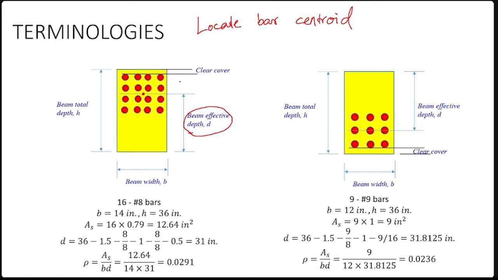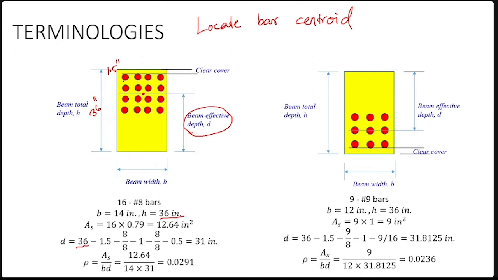You have to reach this dot from the top, because up to the top it is 36 inches. So from 36, think about what you will subtract. You subtract 1.5 inches as clear cover.